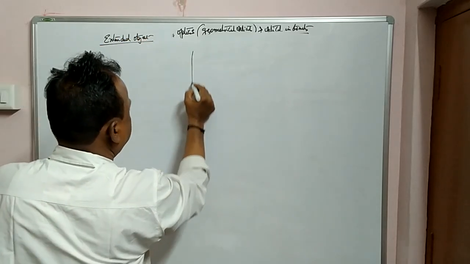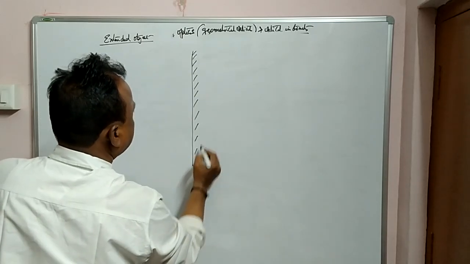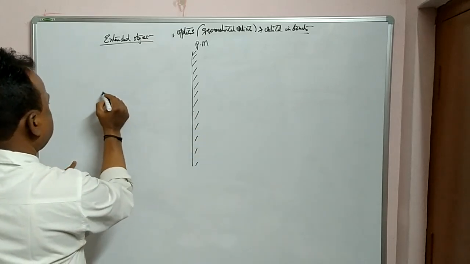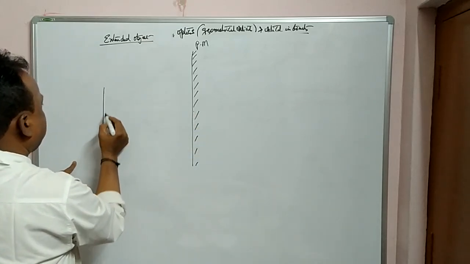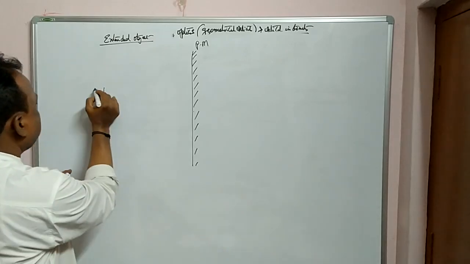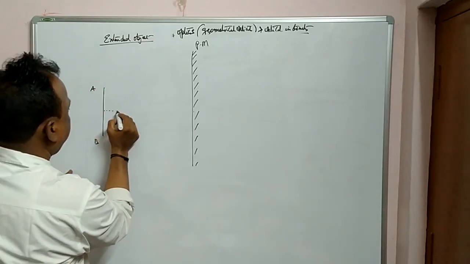For example, this is a plane mirror. Suppose an extended object, okay, some AB. Suppose this is the center point of that object.